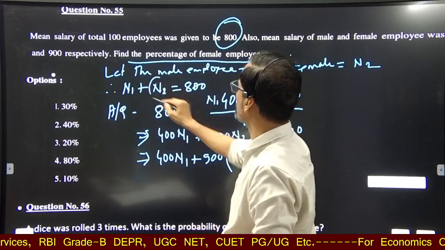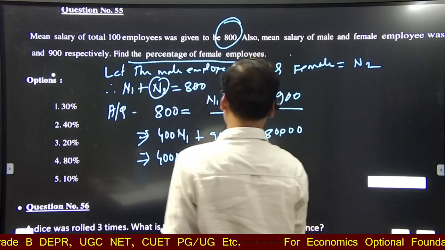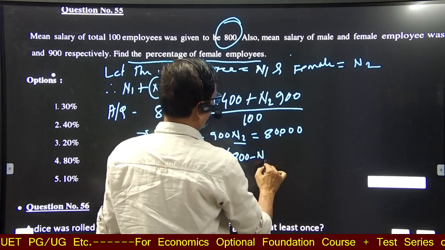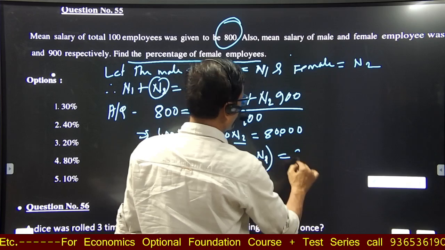What will N2 be? 100 minus N1. So in place of N2, we put 100 minus N1, equal to 80,000.